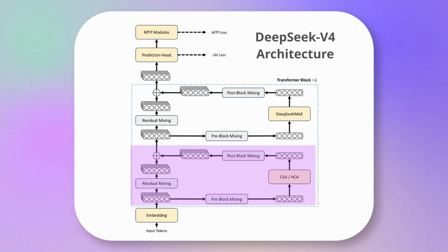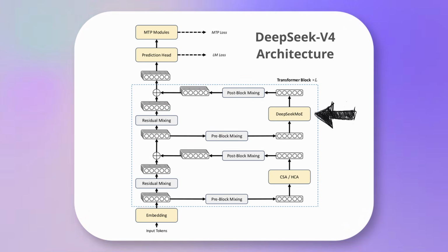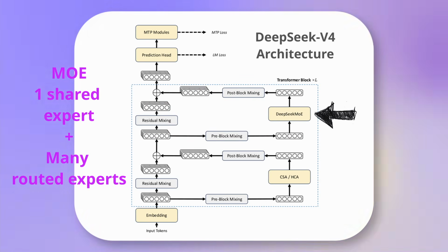After attention, the data enters the feed-forward part. Instead of a single-layer network, DeepSeek V4 uses a mixture of experts, or MOE, design called DeepSeekMoE. In each layer, there is one shared expert that always processes every token, providing common knowledge, and hundreds of routed experts, of which only 6 are activated per token.